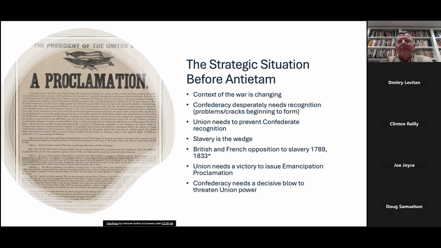Go to the South? What can I do in the South? Is there any industry? No. Is there any arable farmland? Well, yeah, kind of, but not the sort where you're going to grow a lot of comestibles, at least the way the economy was set up at the time. Which means you go to where there's a lot of free, available land. And where is that? That's in the Midwest.